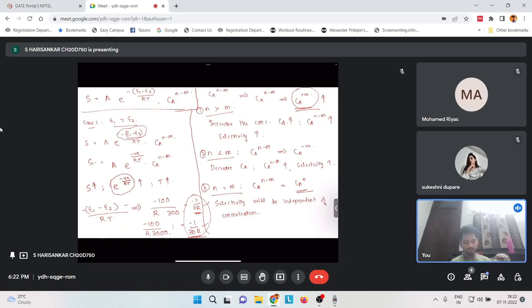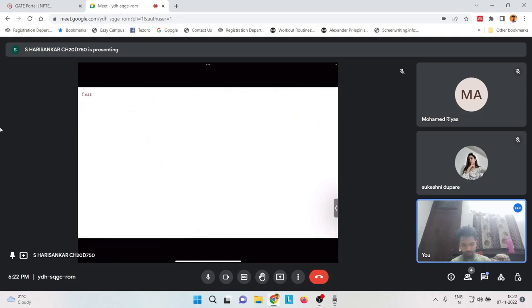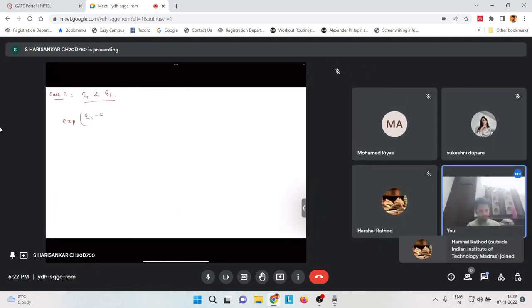Now if we go to case 2, E1 less than E2. In this case, again, the exponential term is basically minus (E1 minus E2) by RT, right?